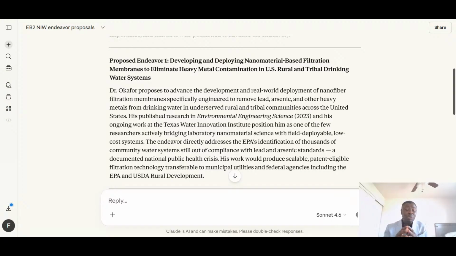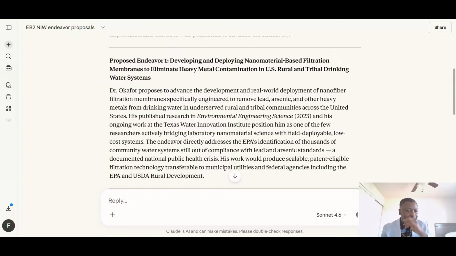So this is a proposed endeavor that is laser focused, specific, and very clear. And Claude goes ahead to give me the reason. Dr. Okafor proposes to advance the development and real-world deployment of nanofiber filtration membranes, specifically engineered to remove lead, arsenic, and other heavy metals from drinking water in underserved rural and tribal communities across the United States.